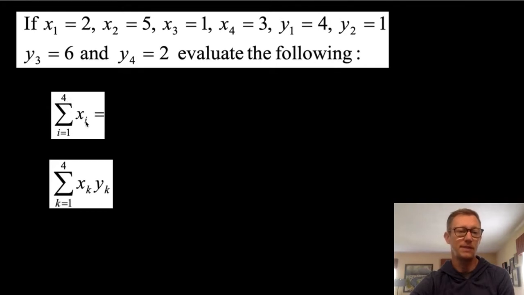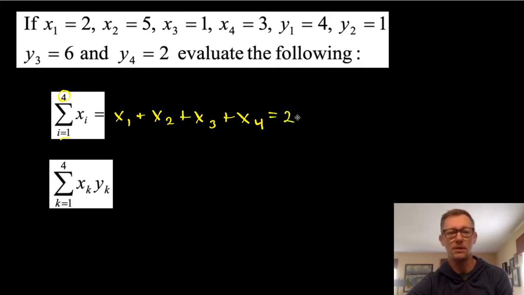So this is the same kind of expression we had on the page before, from 1 to 4. This expression says x sub 1 in the subscript where the i goes, plus x sub 2 plus x sub 3 plus x sub 4. And now if we look up here, they gave us what these values are. So this is just saying to us add up the x 1, 2, 3, and 4 up top there.